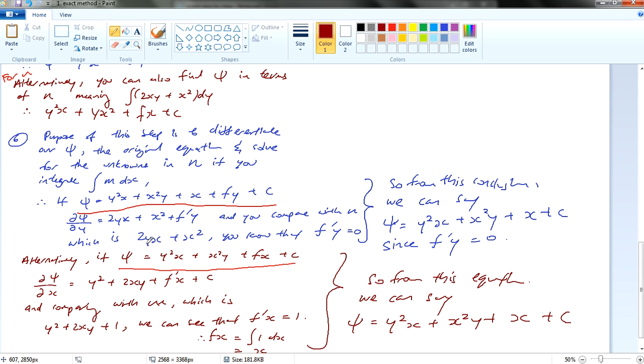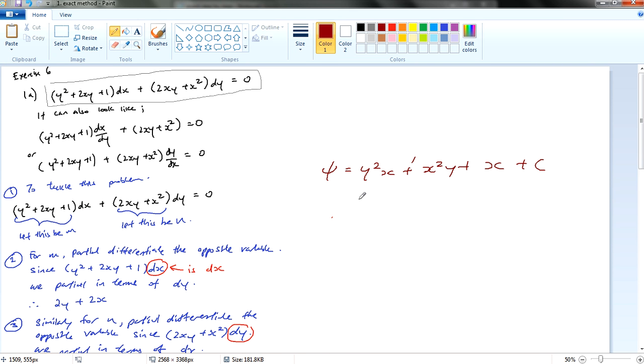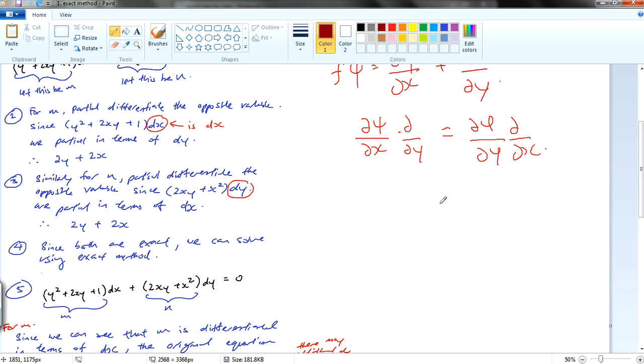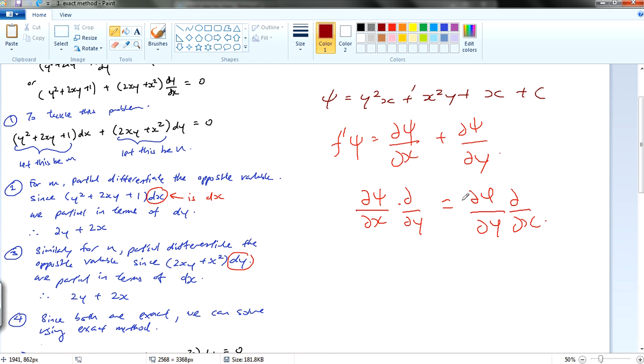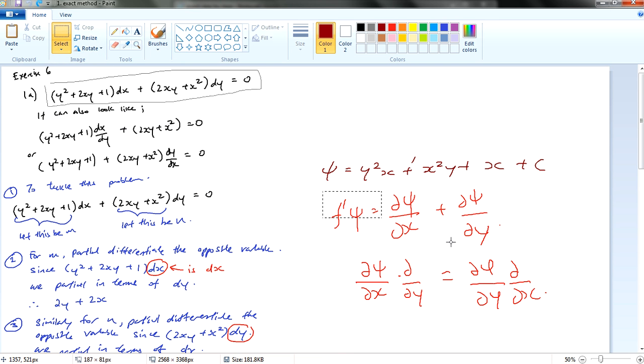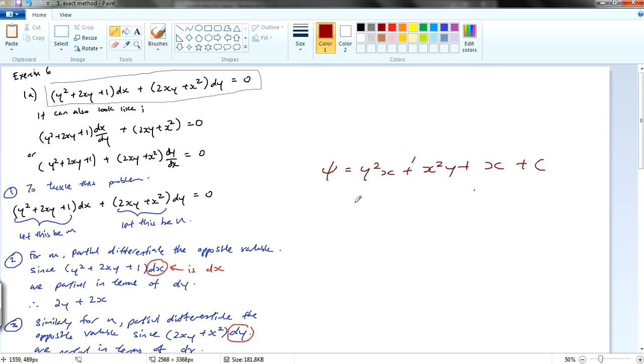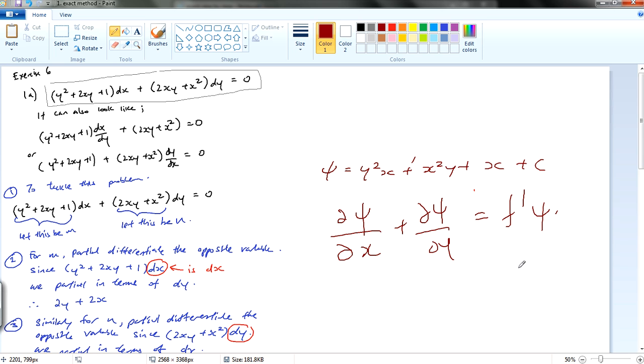And therefore you compare with n, which is the partial, as I said earlier, equals to something equals to f prime xi.